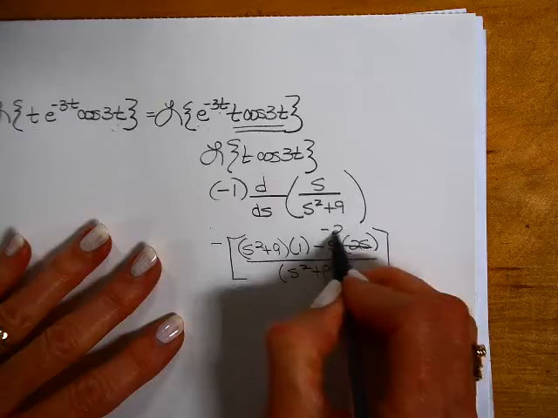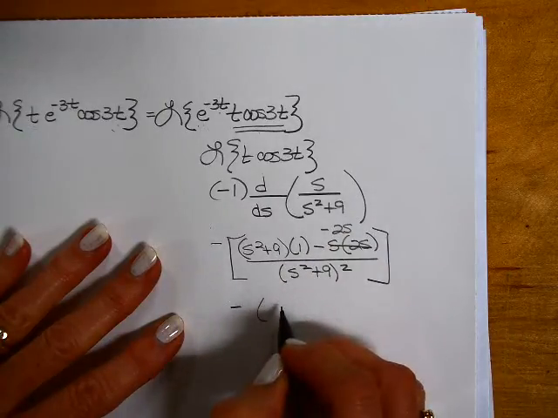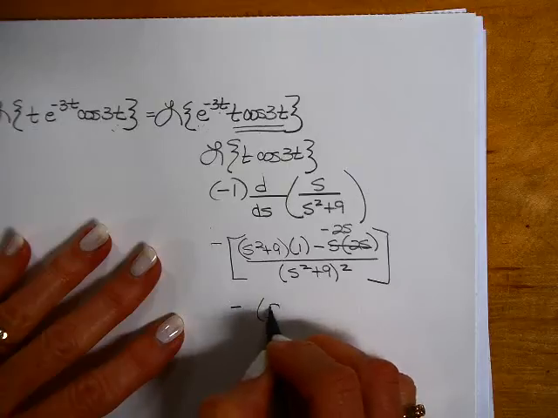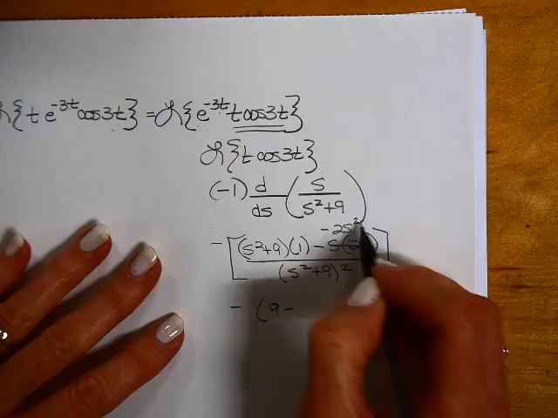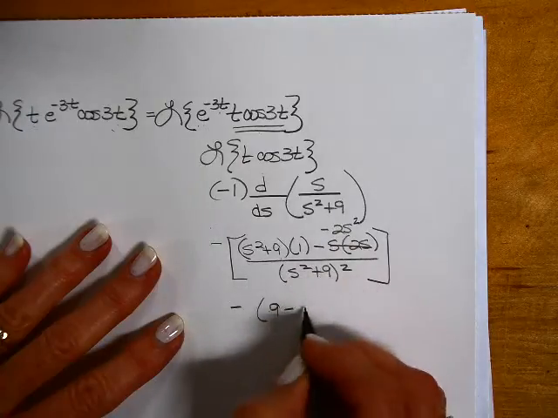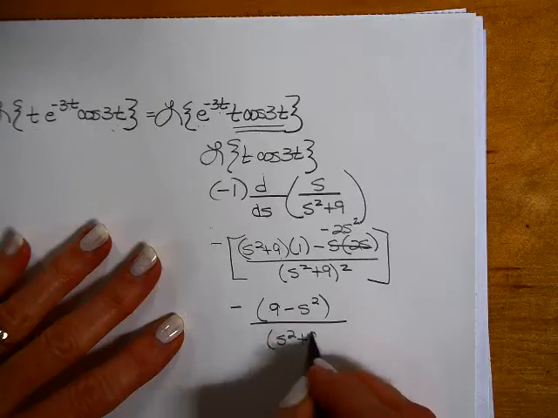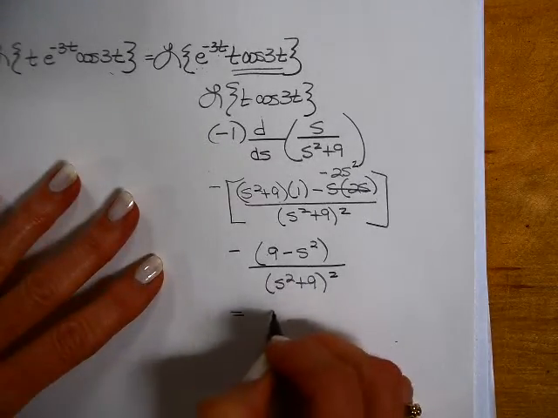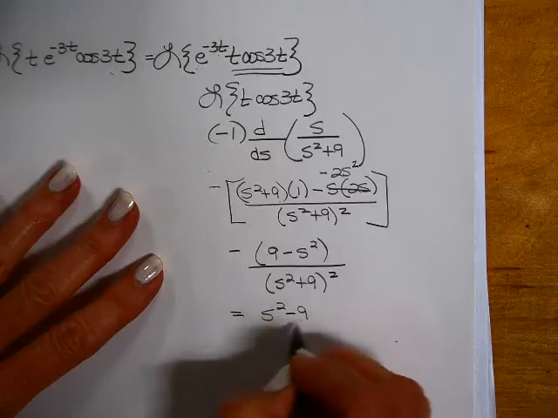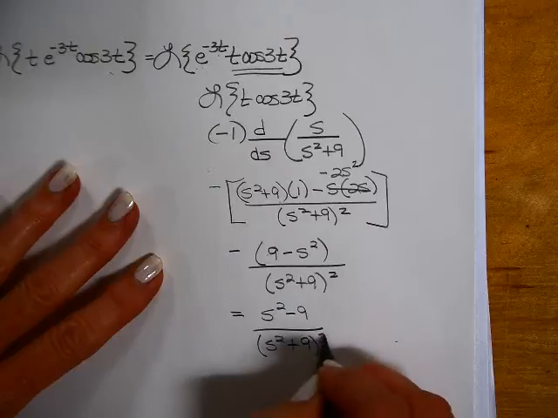So that's minus 2s squared, so that's 9 minus s squared over s squared plus 9 squared. When I run my negative sign through, it's s squared minus 9 over s squared plus 9 squared.